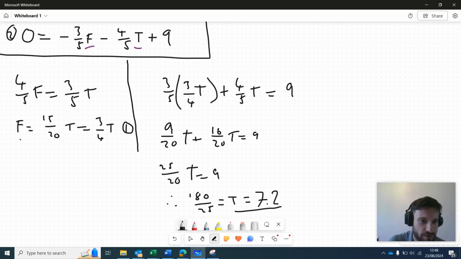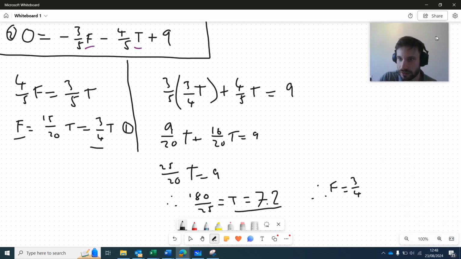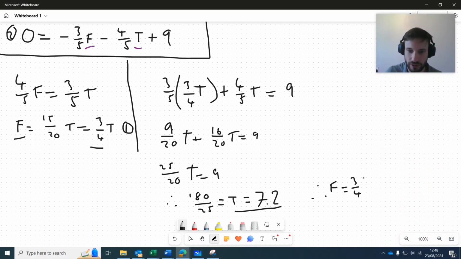And conveniently, I've got F in terms of T here, so I can say that, therefore, F equals 3/4 of 7.2, which is equal to 5.4.